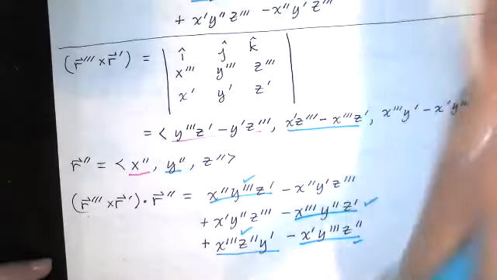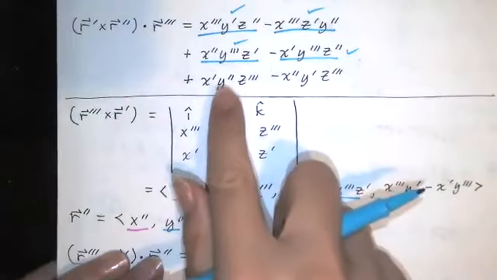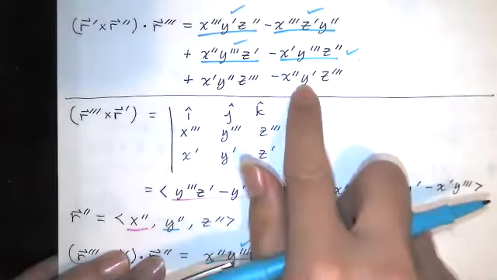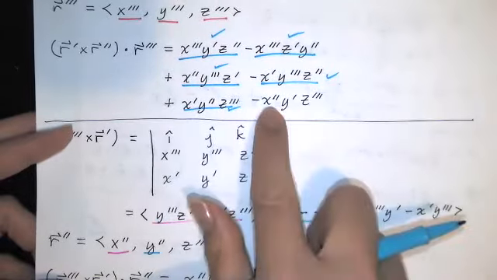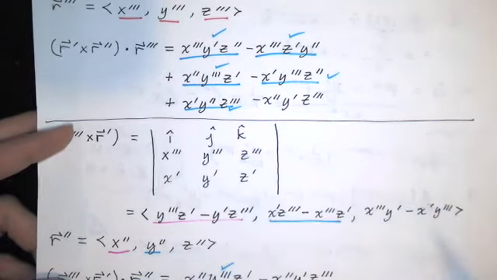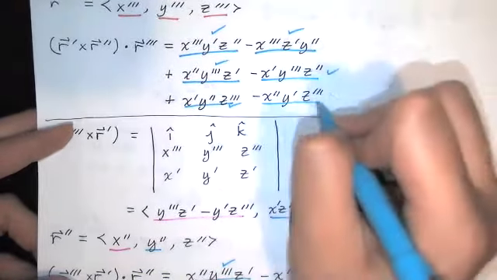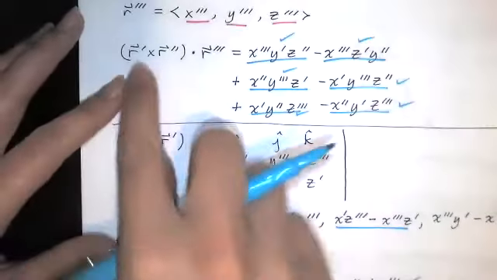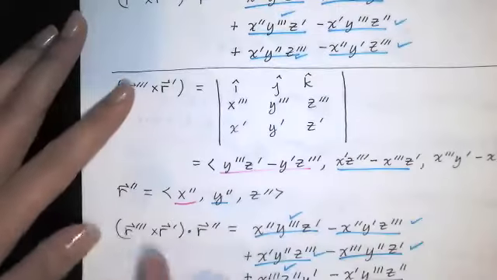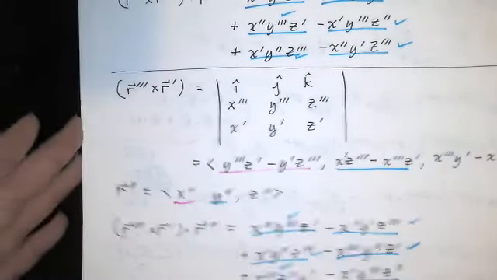And then the last one, you've got x prime, y double prime, z triple prime. That's that one. And then x double prime, y prime, z triple prime. And it's negative, and that's that one. So it turns out that this expression here and this expression in our numerator are the same.